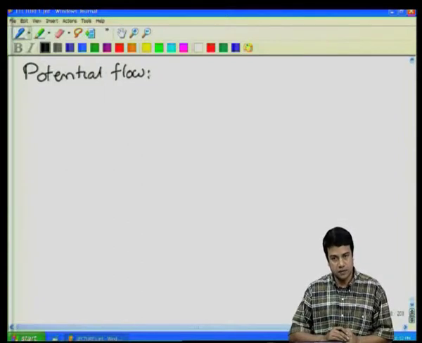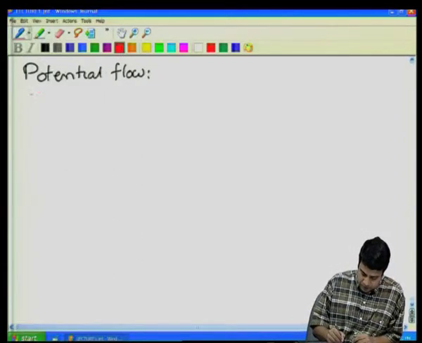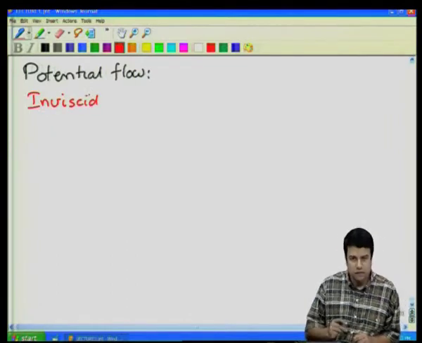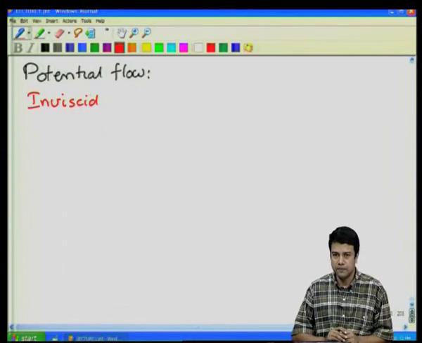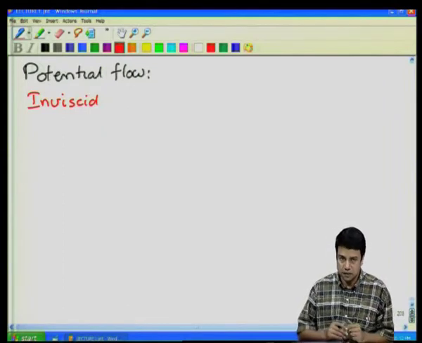In the limit of high Reynolds number, inviscid, viscosity is set equal to 0, and irrotational.